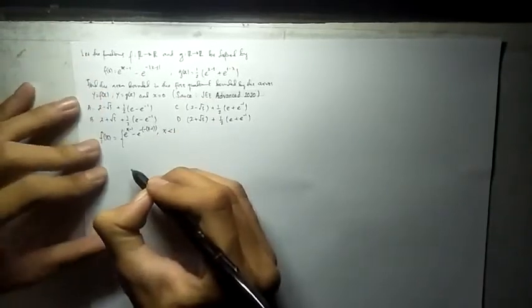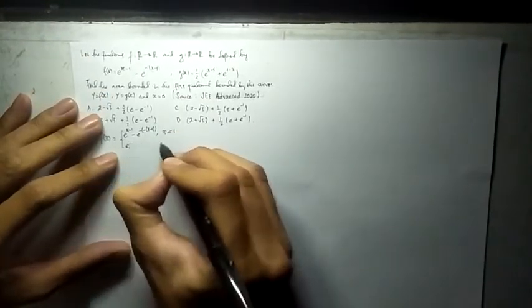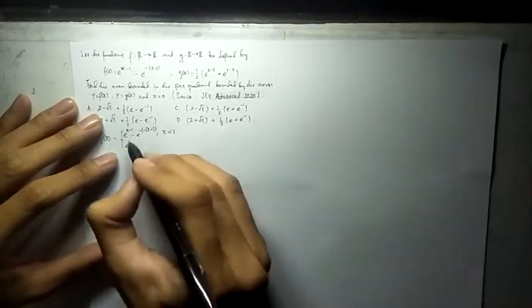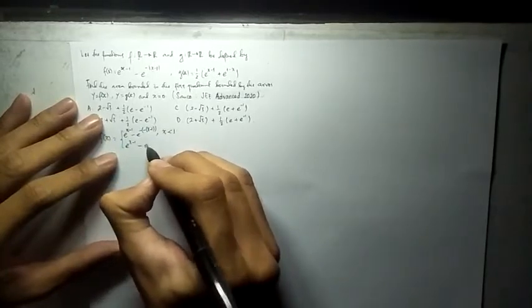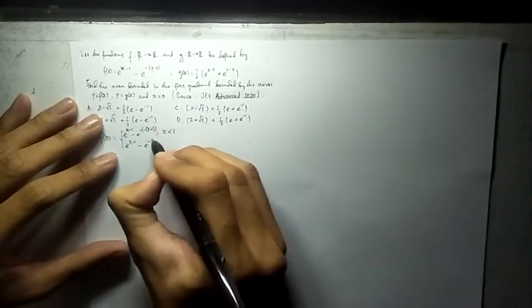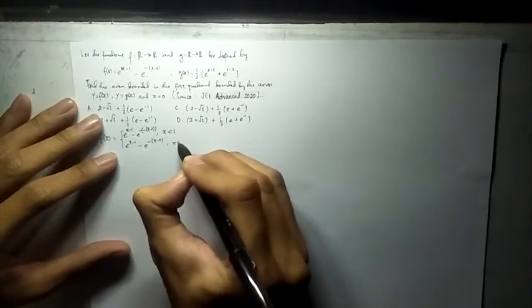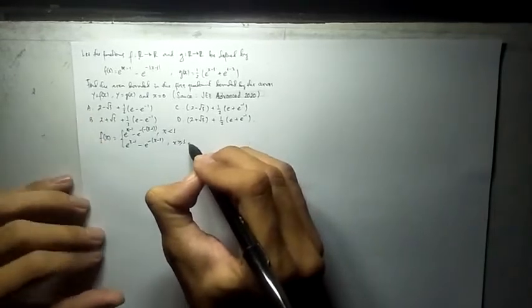And for x greater or equal to 1, e to the x minus 1 minus e to the minus of x minus 1, just like that. This is for x greater or equal than 1.